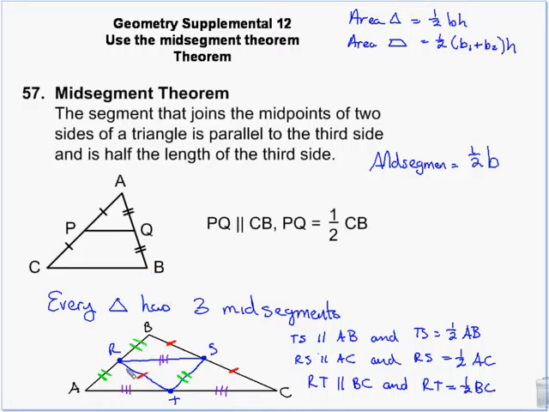The reason that occurs is because this is 1/2 of the whole thing, but the midpoint breaks this into 2 halves anyway. So you end up with 3 pieces that are the same length. It's a nice little graphic to show all the lengths. In an equilateral triangle, all of them would be the same length, so that's kind of nice too.